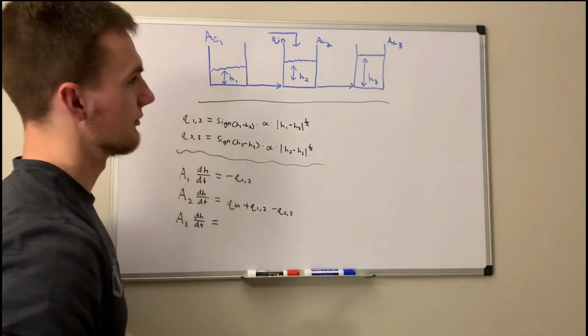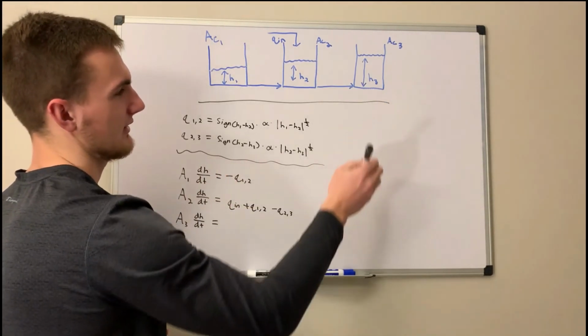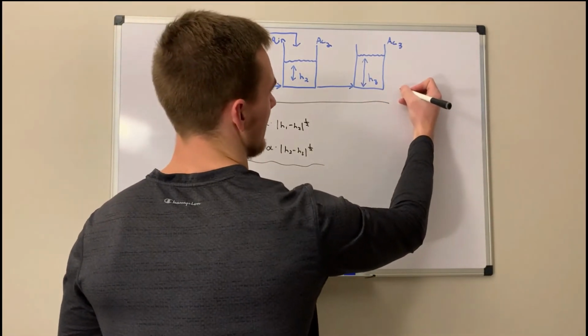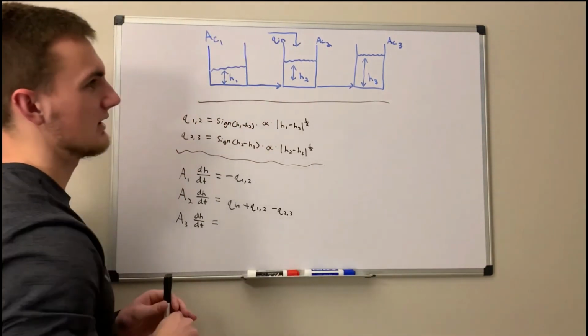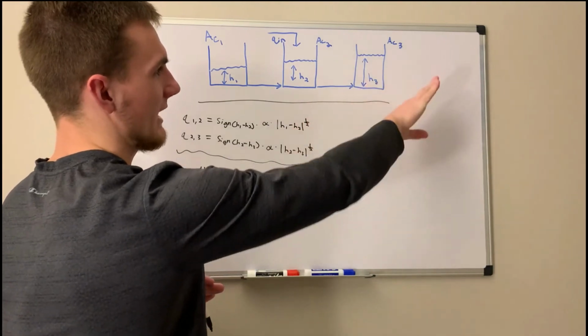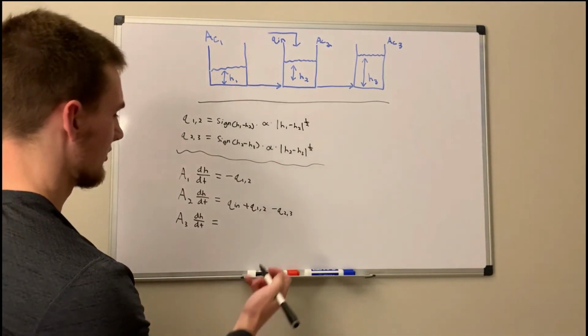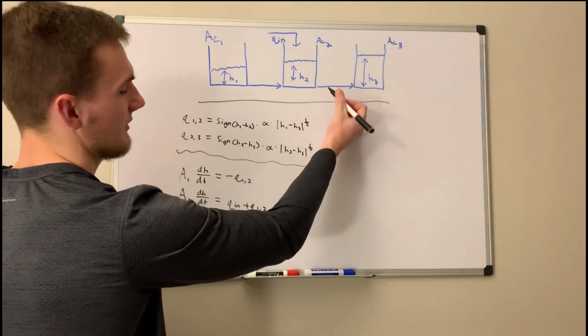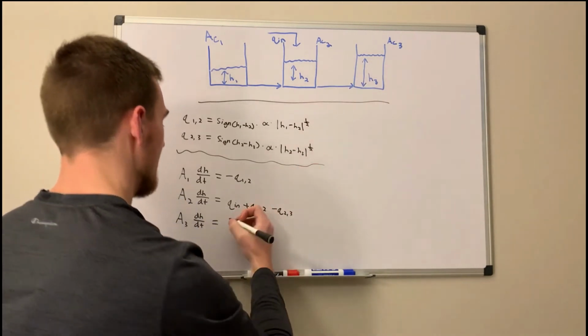And here we'll have equal to, well, actually I forgot to write this up here, but we'll have Q3 being the flow out of the third tank. So Q3 will be the flow out of the third tank. So here, the only flow that we can have in is the flow from tank 2 to tank 3, so that will be positive here.